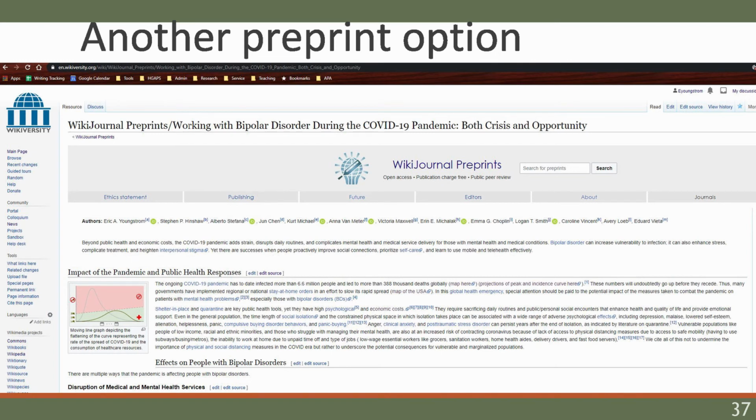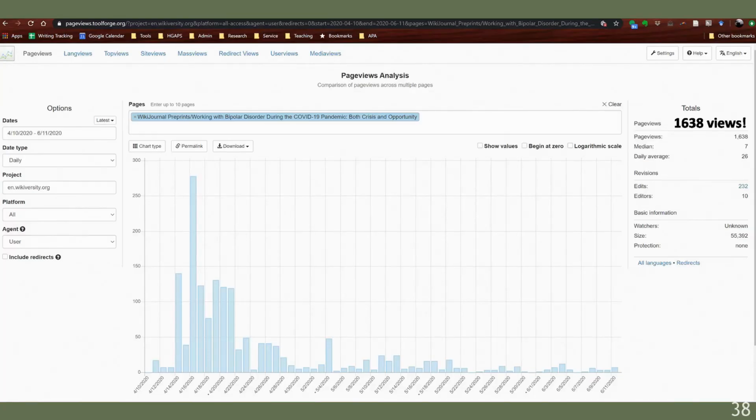If you went right now to Wikiversity and found this article, this version has already been viewed 1,638 times as of this morning. This blows my mind, that it's possible to have people find the work, read the work, and cite the work, even as it's still going through peer review.